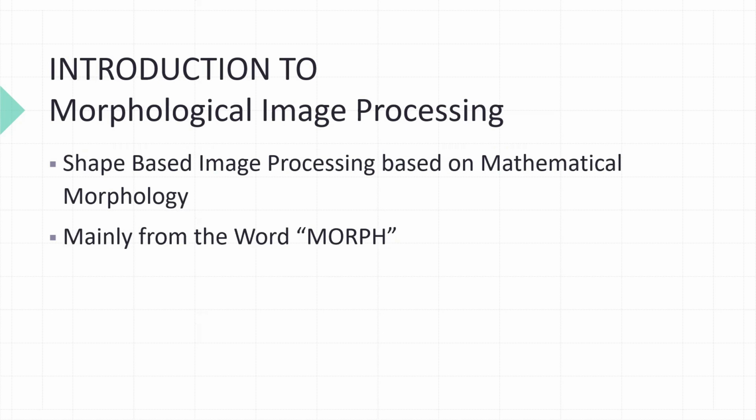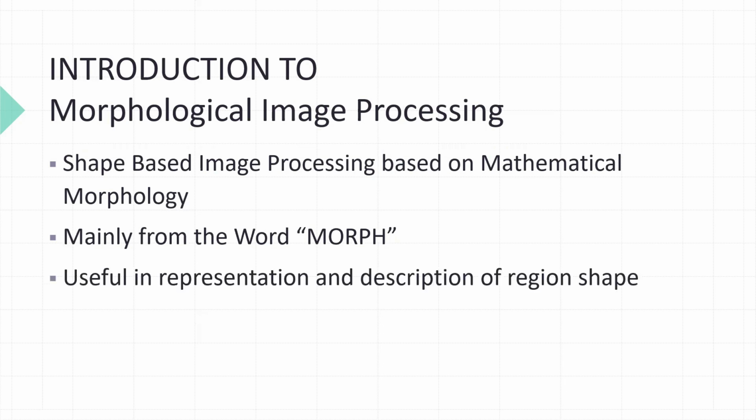Mainly, morphological image processing has been derived from a word called morph. Morph or morphing means changing the shape of the particular image with respect to the regions.